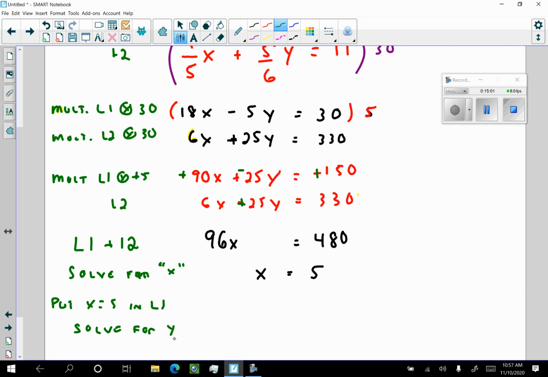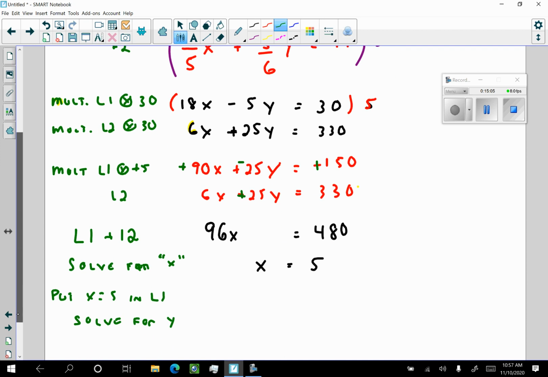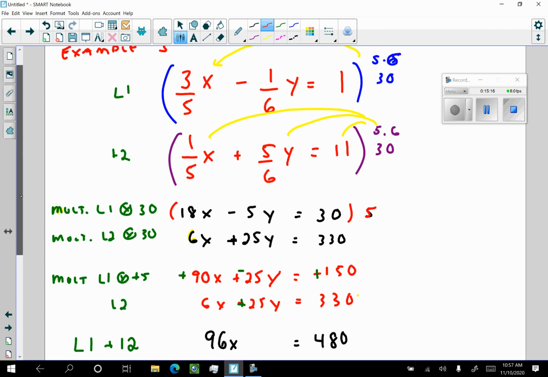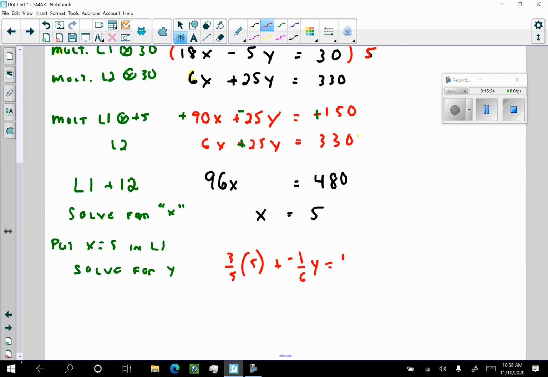So let's do that. Let's see L1. Oh, that's nice. L1 is going to be 3/5 x, which is 3/5 times 5, plus, I'm going to have to scroll up here to see what the original L1 was, minus 1/6 y, and that was equal to 1. And this is going to work out real nice.